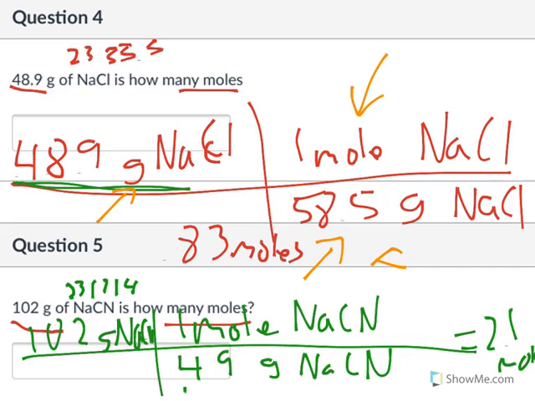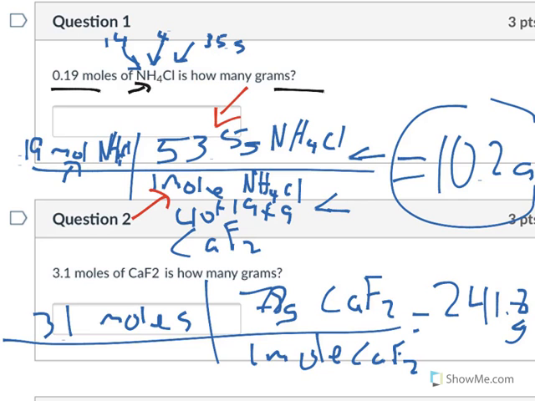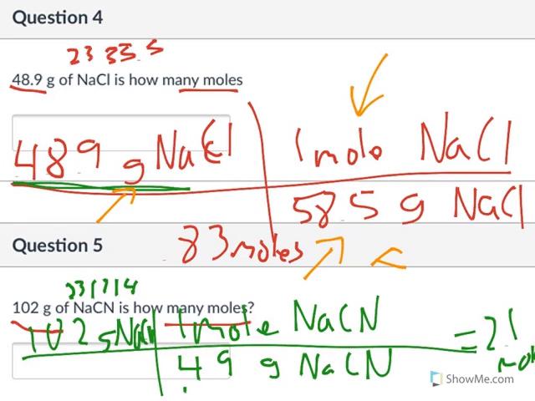Sorry for the mess again. And that's how you convert from grams to moles. The last page, this one back here, is how we went from moles to grams. These ones over here, we went from grams to moles. Notice the difference between the two.